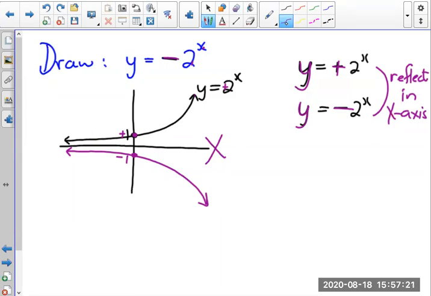So what I want to tell you is that if you see a minus there for an exponential graph, the graph is below the asymptote. If there's a plus, the graph is above the asymptote.